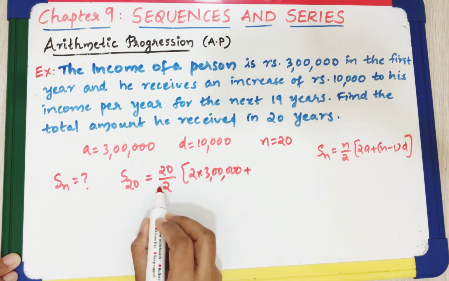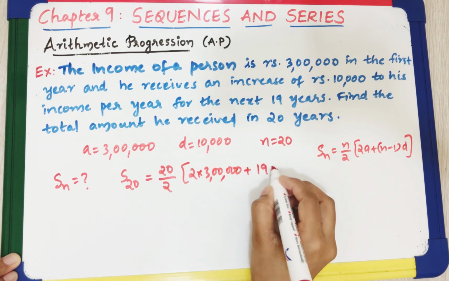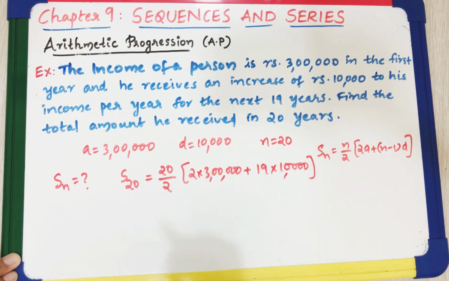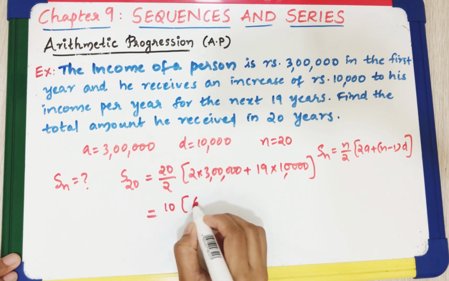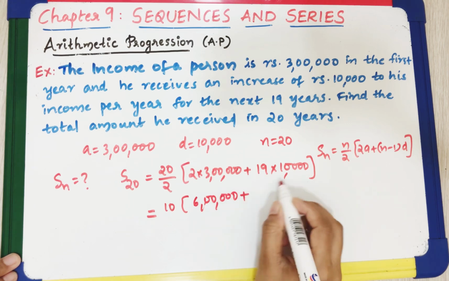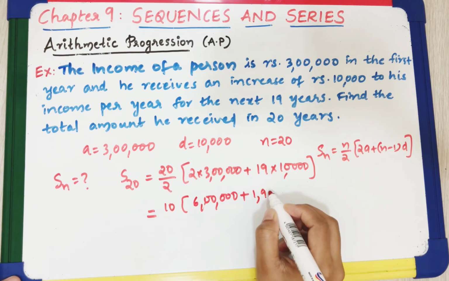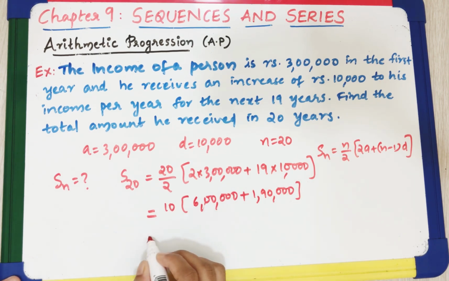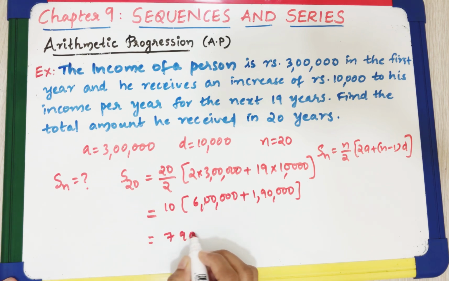plus n minus 1 is 20 minus 1, 19 into d, which is 10,000. Which is equal to 10 into 6 lakh plus 1,90,000, which we will get as 79 lakh.